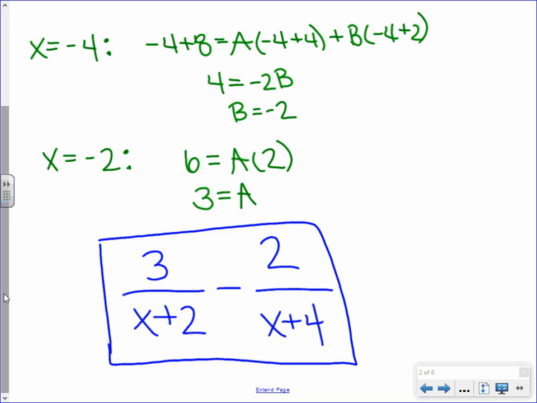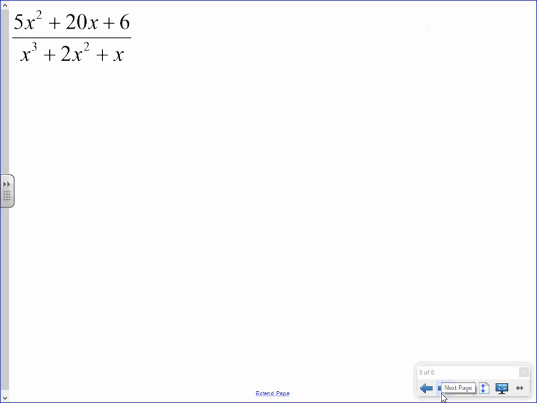Okay, the next one I want to do is 5x squared. This one. So this is number 3 for your warm-up. Is everyone okay with the denominator factoring to x times x plus 1, the quantity squared?